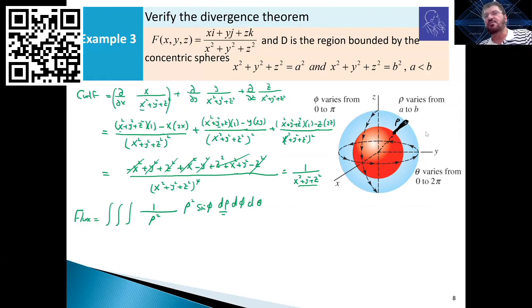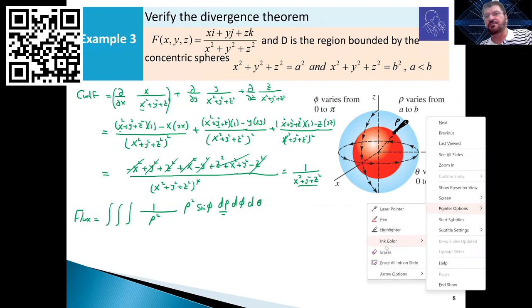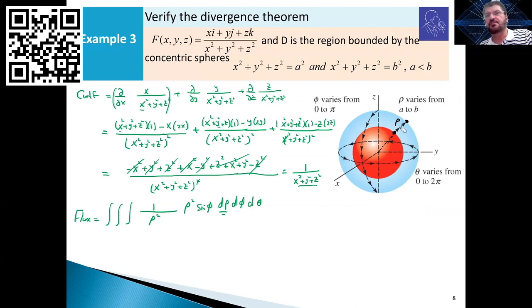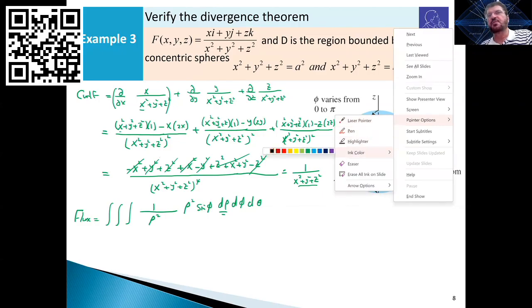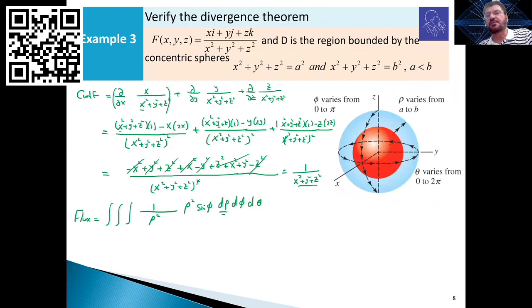In the inner sphere, what do we have? All right, let's take this as our rho.